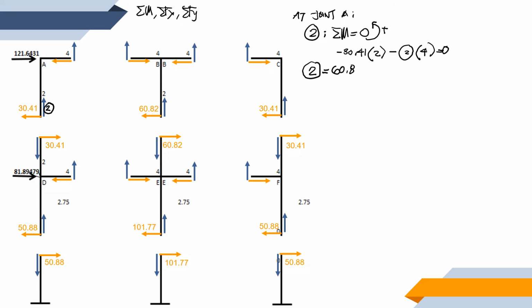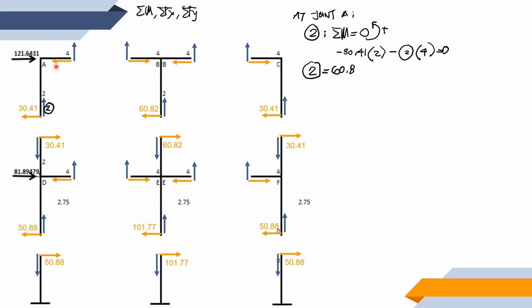Now at joint A, we still have two remaining forces that we have to determine. We have this and that one. Considering joint A, all the forces that are acting along the x-axis are known. We have 1, 2, and 3, except the value for this one.